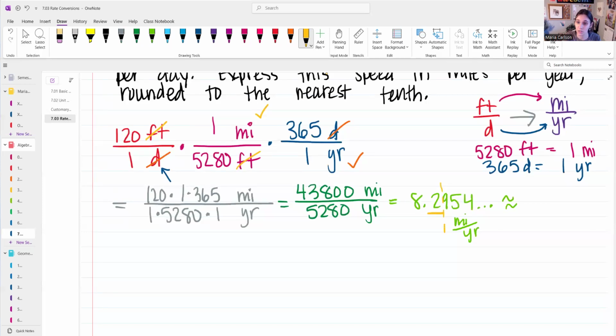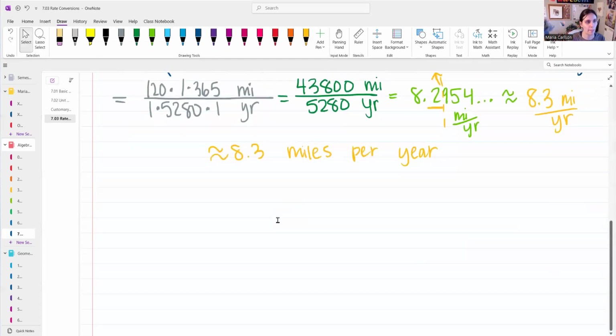So looking at what is right after it, this 9 is certainly large enough for us to round the 2 up to 3. So this is approximately 8.3 miles per year. Write it as 8.3 miles per year.